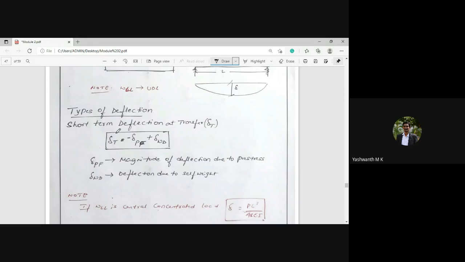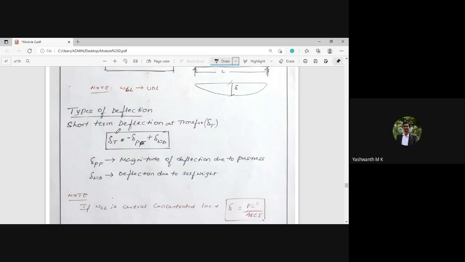So please remember these points, because today I'm going to teach you the long-term deflection also. That's why I'm specifying this, I'm making the point clear. So what you are going to do now is short-term deflection for an uncracked structural PSC member.